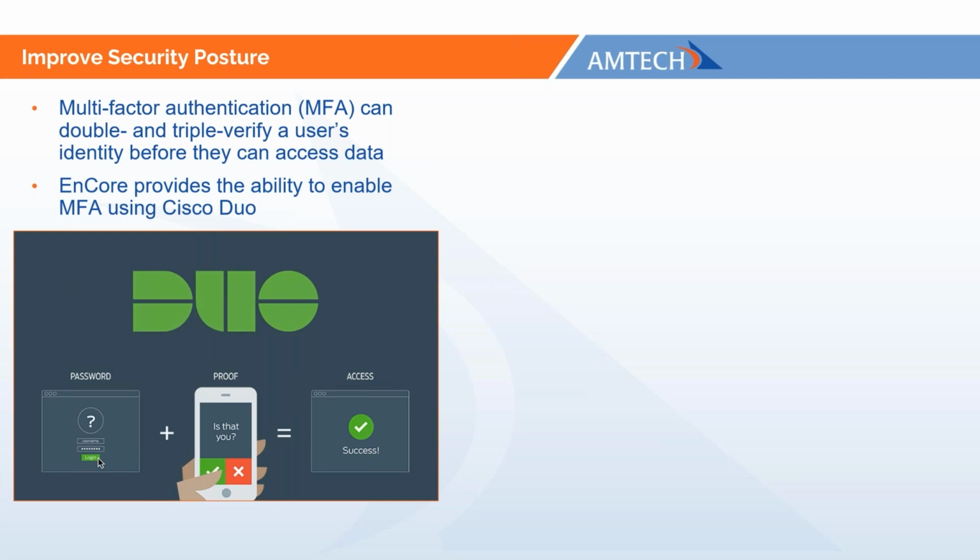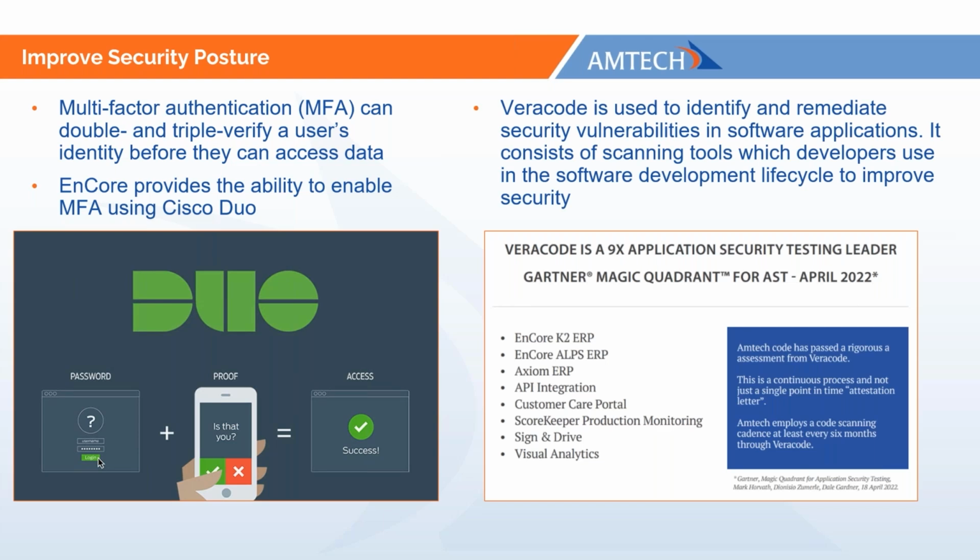The other thing we're doing to improve your security posture is that we leverage a service called Veracode. Our EnCore software, Axiom software, and the others listed on the right of the slide, customer care portal, scorekeeper, et cetera, are all Veracode verified. That means the software has gone through scans, and they're ongoing.